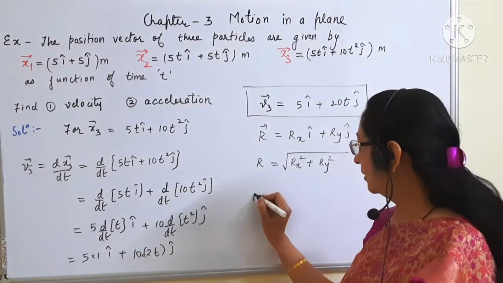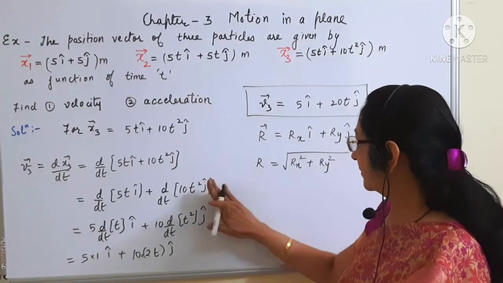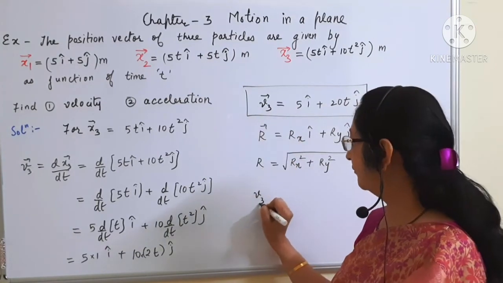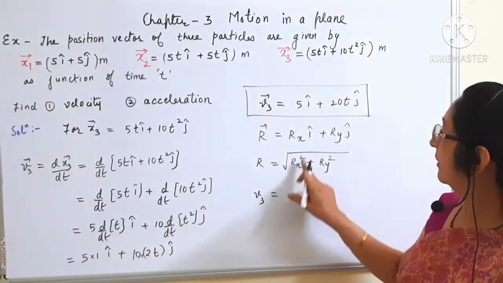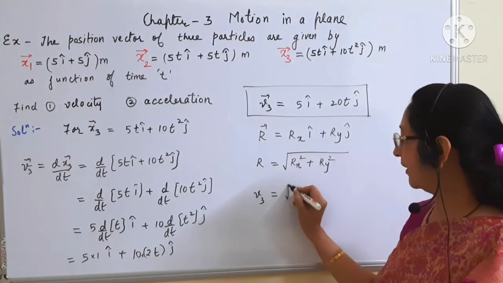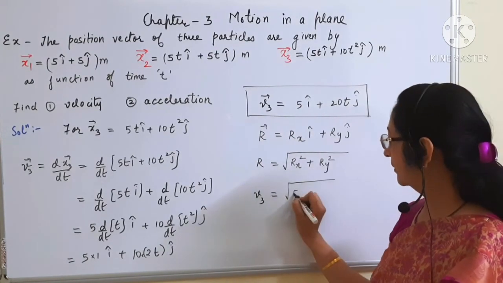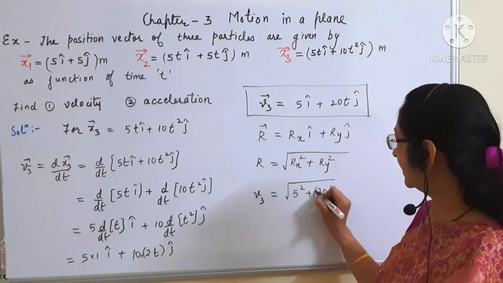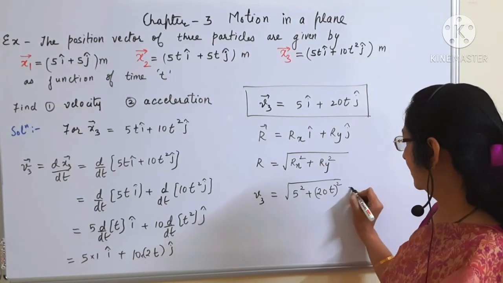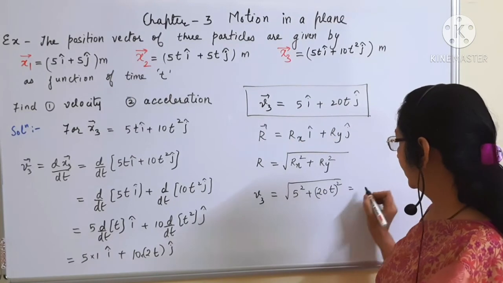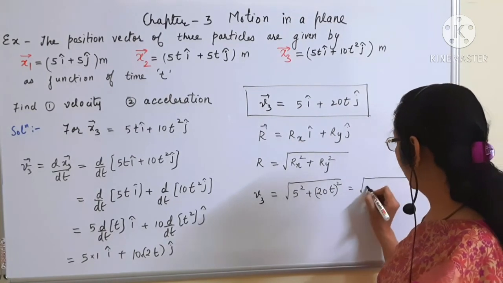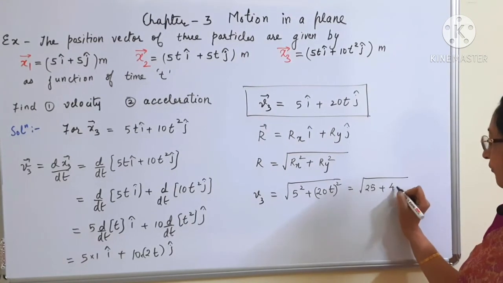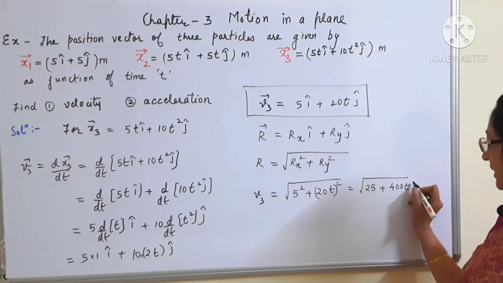So for v3, the magnitude of v3 चा मी magnitude कसा लिहिणार, हा rx किती आहे 5 square plus इथे किती आहे 20t square, so this is under root of 25 plus 400 t square.